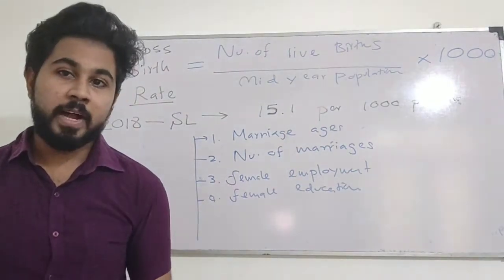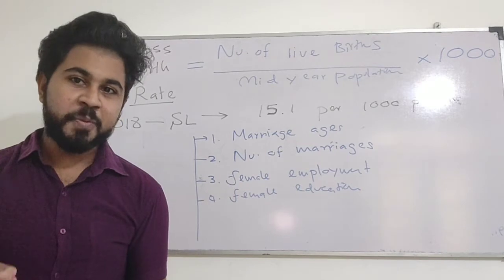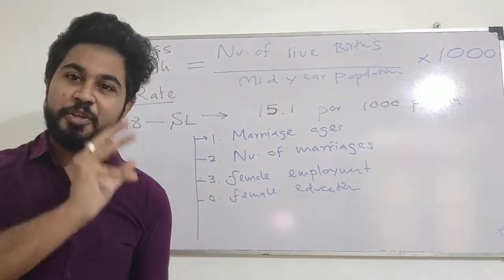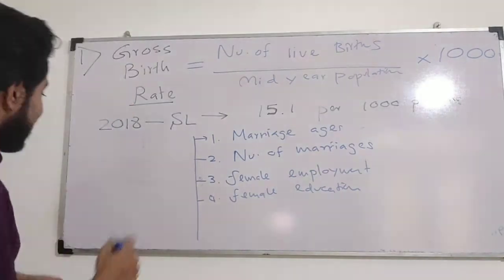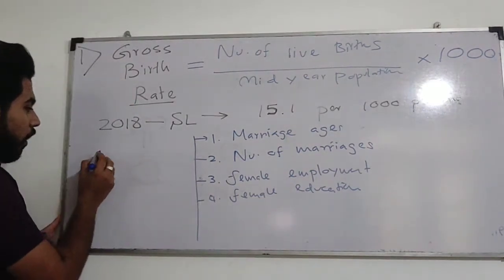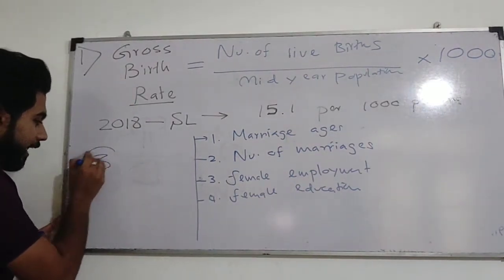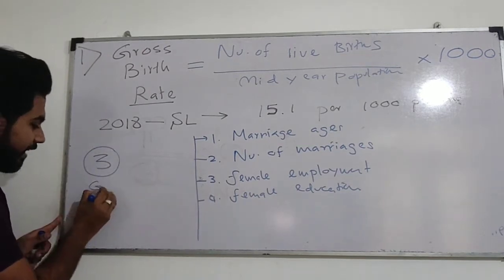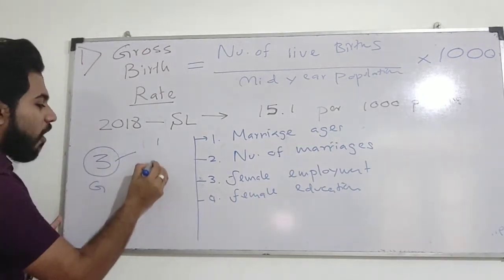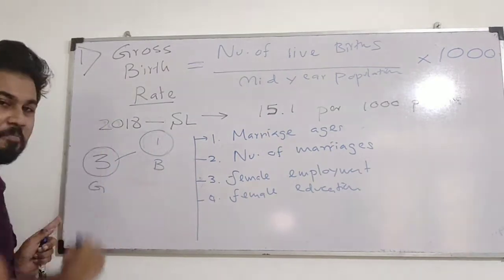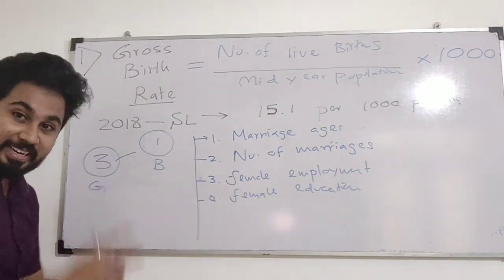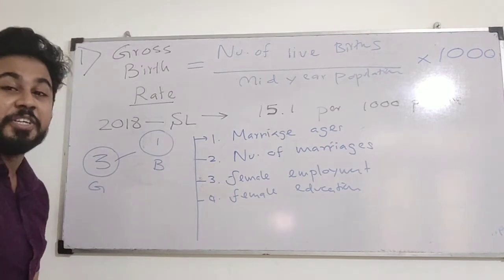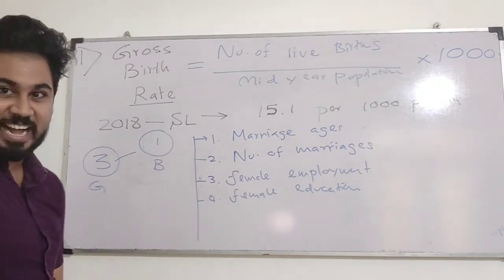Now, for example, if you look at the management faculty of the University of Sri Jayewardenepura in Sri Lanka, in the management faculty, for every three girls, there's one boy. That's the ratio in the management faculty.